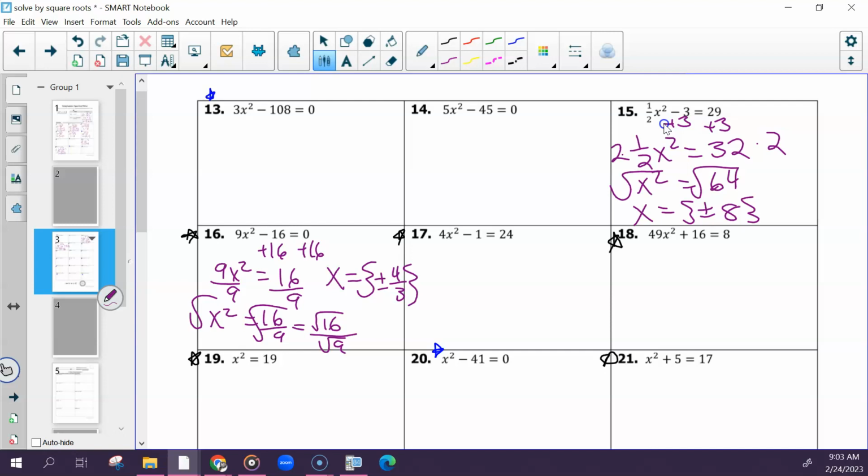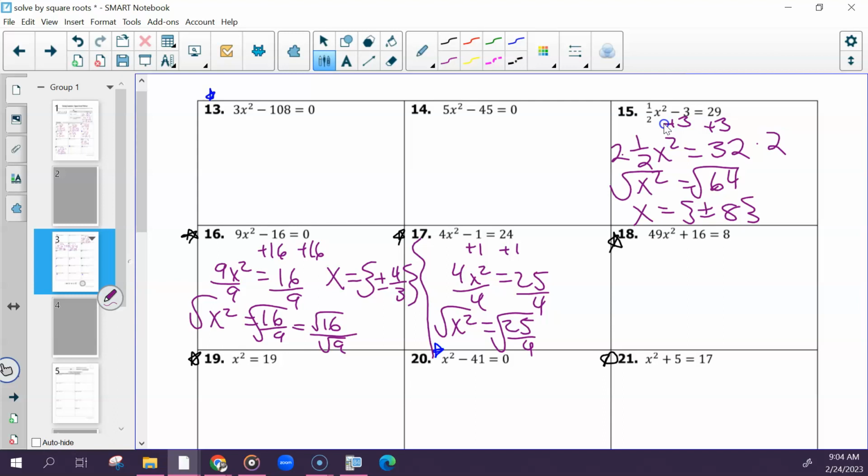Okay. Right. So for 17, how would we do that? Add 1. We have 4x squared equals 25. Are these both perfect squares?